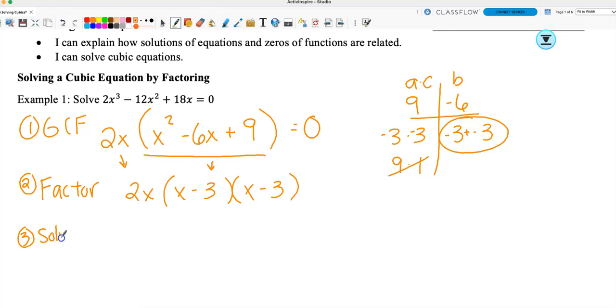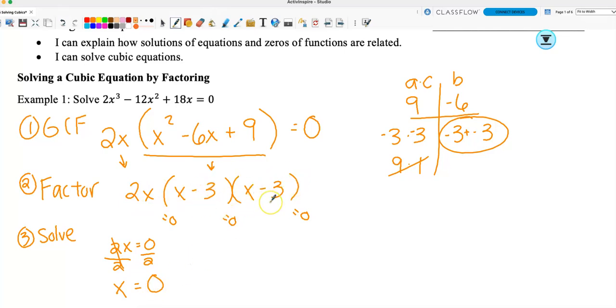If we are solving, I am looking for the x-intercepts, or when the problem is equal to 0. So to do that, set each parenthesis equal to 0. This first one, I would have 2x equals 0. And if I divide by 2, 0 divided by anything is 0. So you'll remember when we did quadratics, if there is no parentheses, just a variable, it will always be 0.